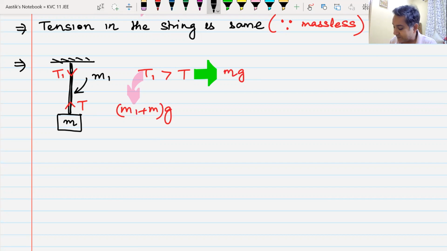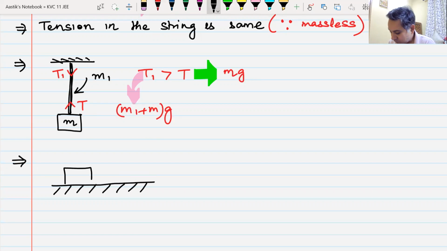Let's take the example of bodies attached to a string. The case would be like this. There could be a body M1 like this. There would be a body M2 like this. And I might be pulling them with a force F. Simple case.